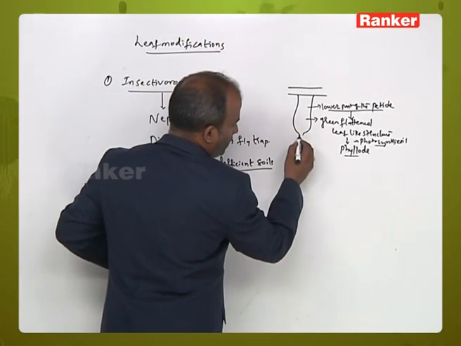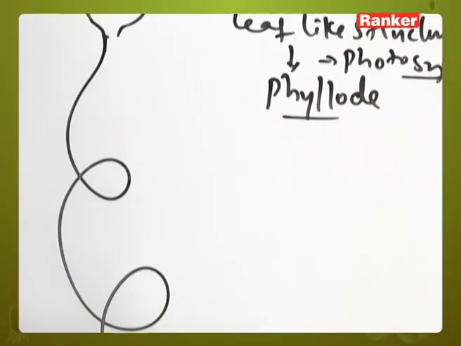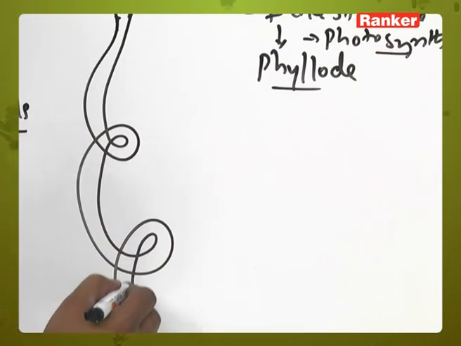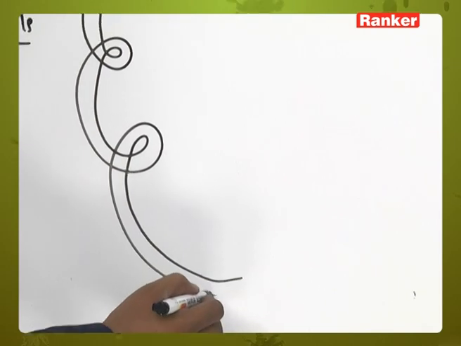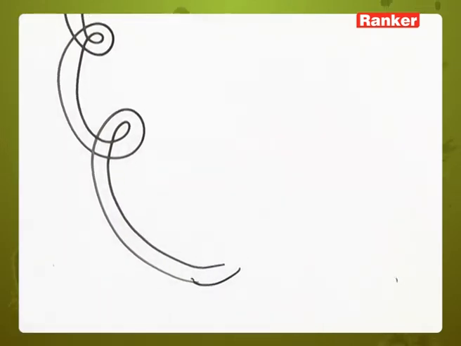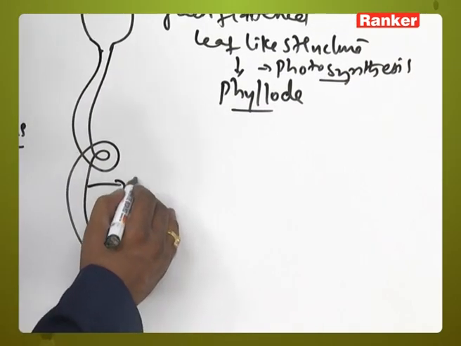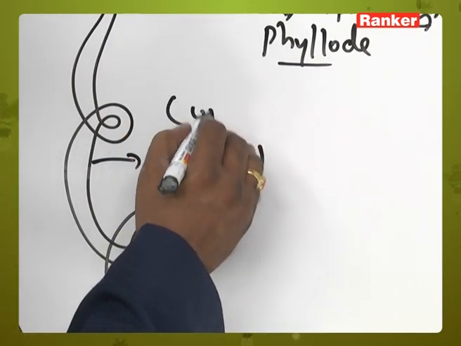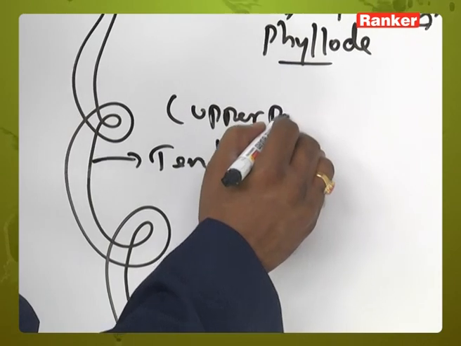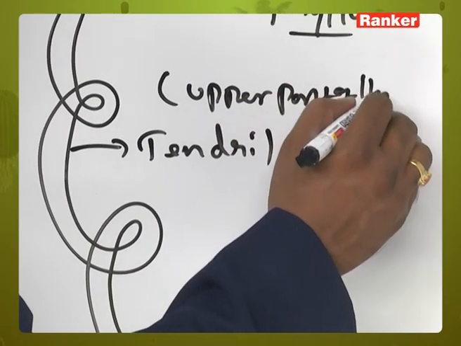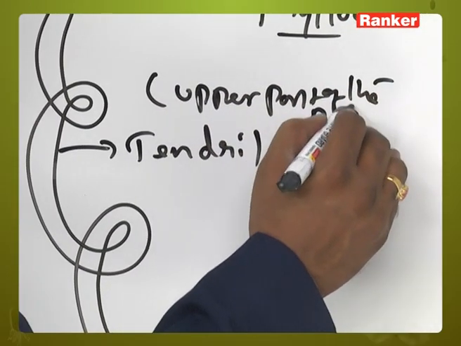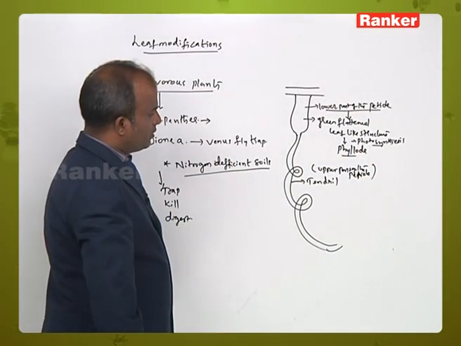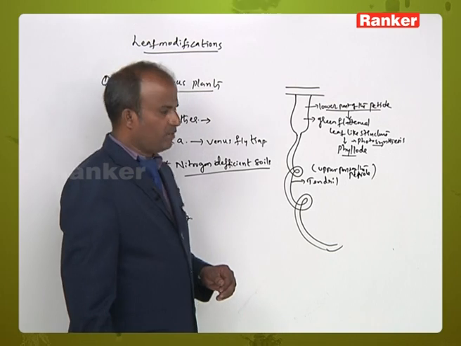The next one is the upper part of the petiole, which is modified into a tendril.